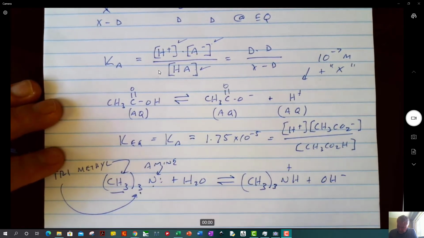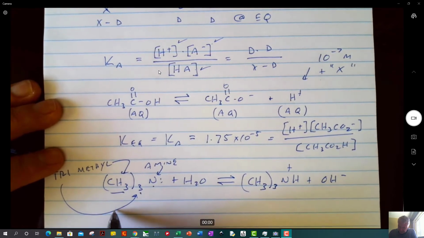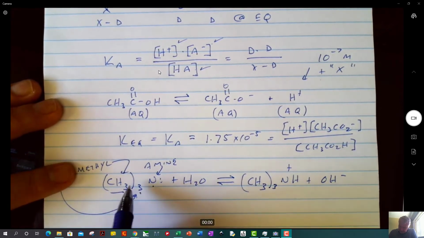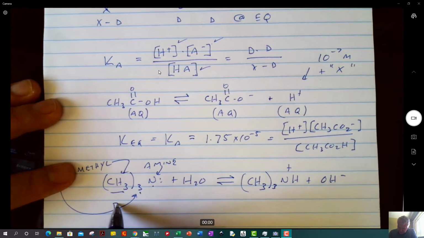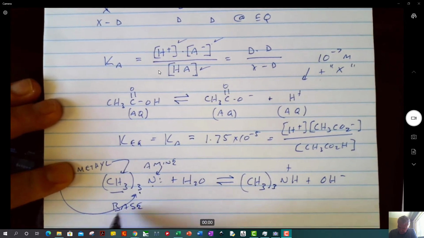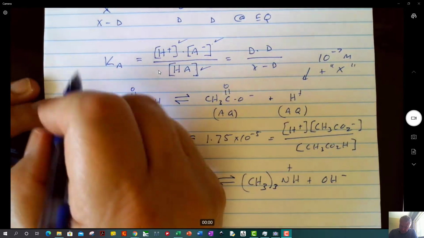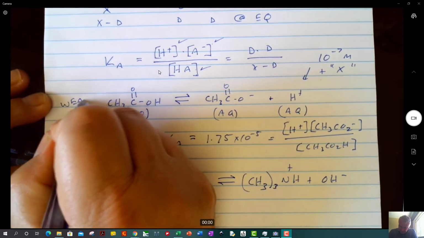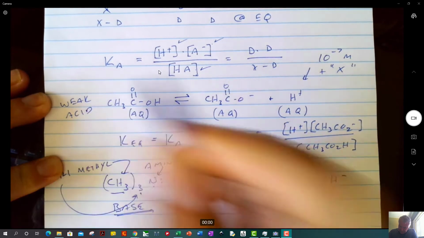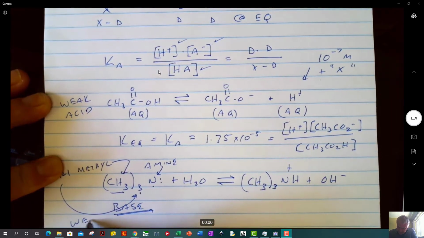So what we have here is a base. This is a weak base, right? And this is a weak acid, so this is a weak base.